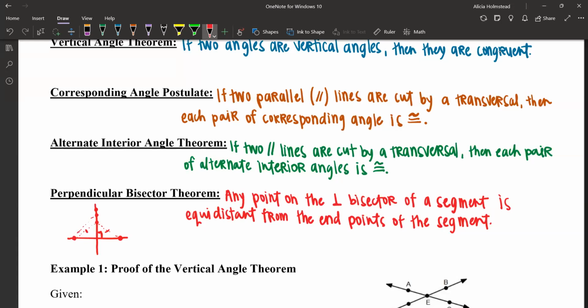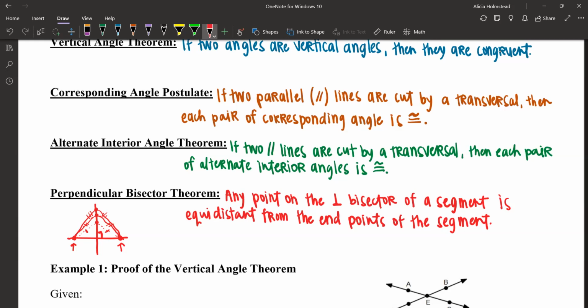So if we were to draw them like here and here, those would be congruent, or from here to here, those would be congruent. So any point on the perpendicular bisector, if you draw lines from that point to the endpoints down here, then those 2 lines have to be equal. That is what we mean by this theorem.